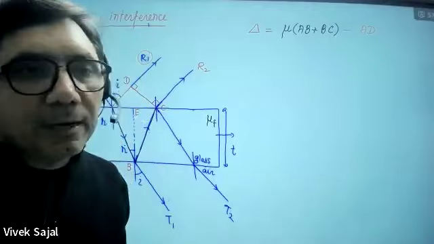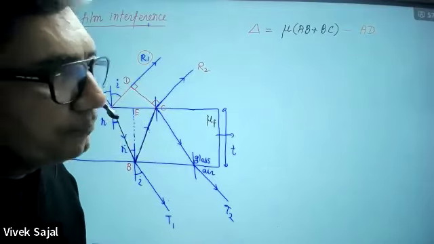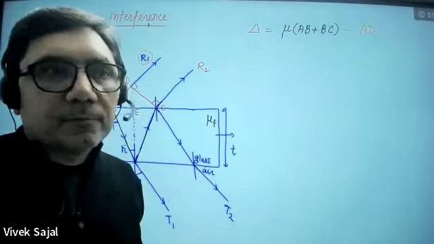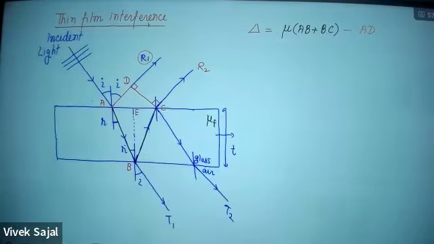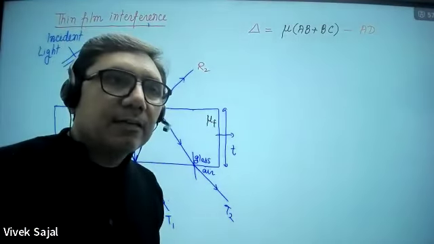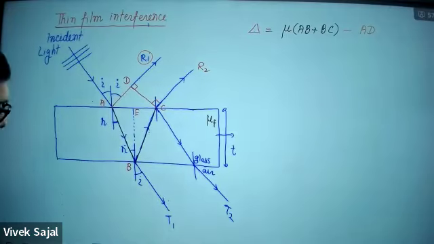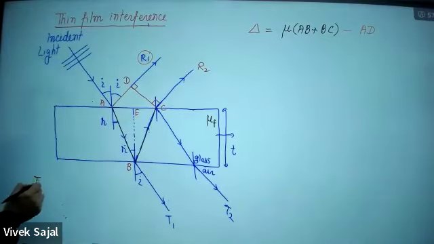So a phase change of pi will take place for the reflected light R1. If you have a phase of pi, an extra phase of pi is introduced.